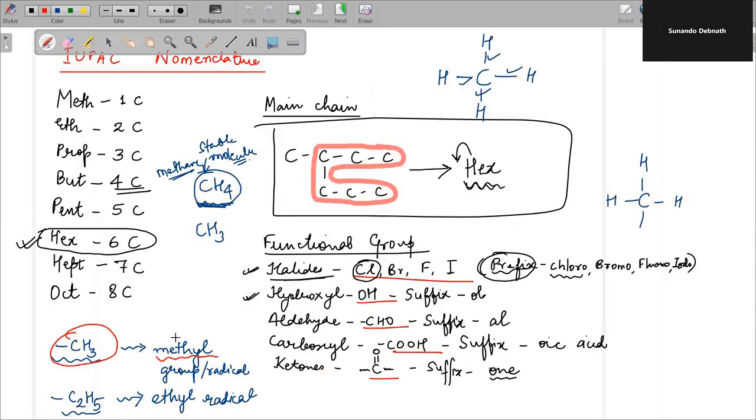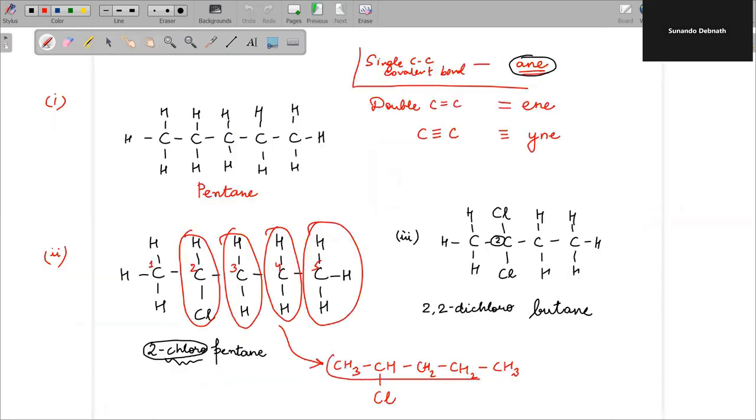Here, all of these CH3s have been included in the main chain, because this entire thing forms the main chain. If the carbon of the CH3 is included in the main chain, we will not call that CH3 methyl. Clear? Very simple. But if the carbon of the CH3 is not included in the main chain, then we will definitely call it methyl. Now you see that example.